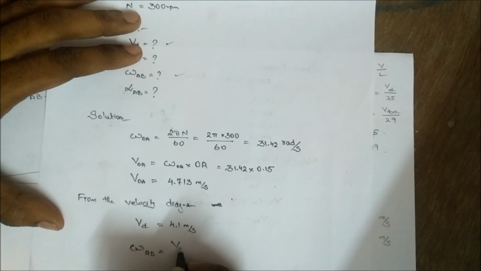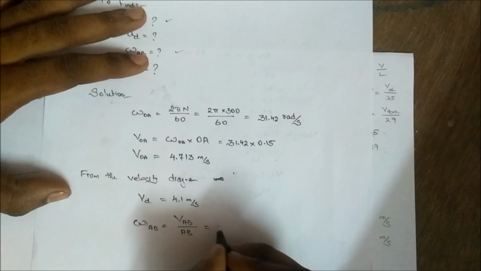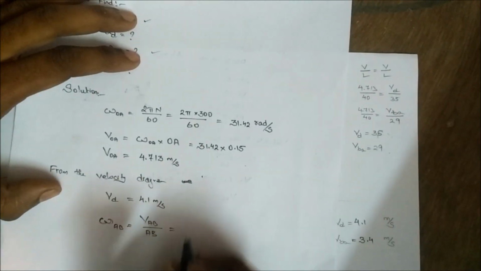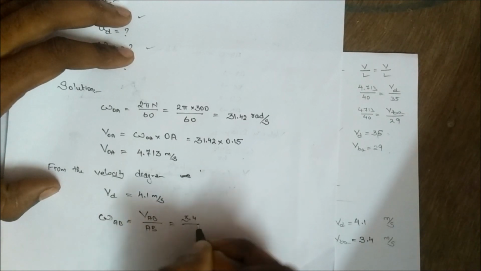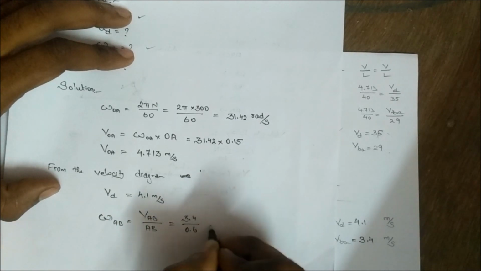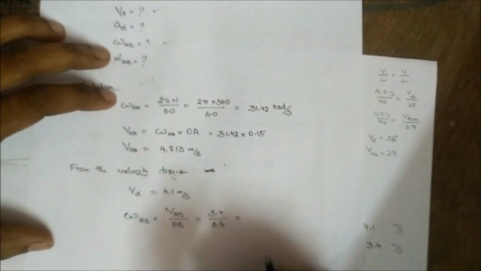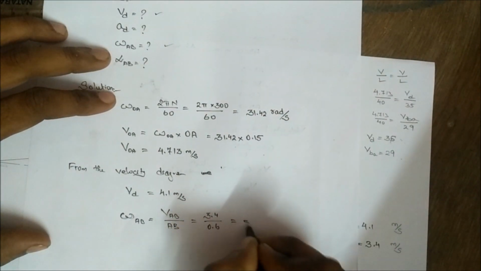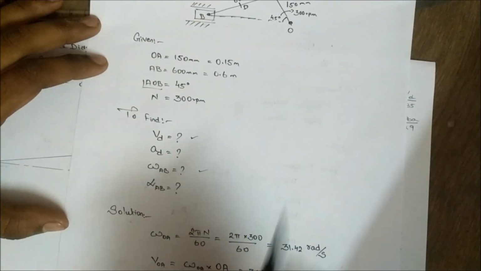So velocity of AB divided by AB. By this we can write it as 3.4 divided by the length, which is 0.6. By calculating this, we are getting 5.66 radians per second. That means we have found out these two things.